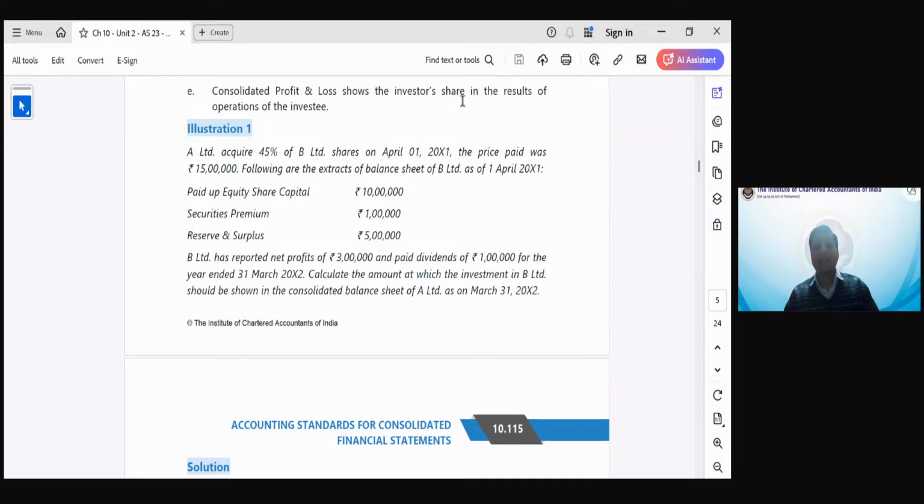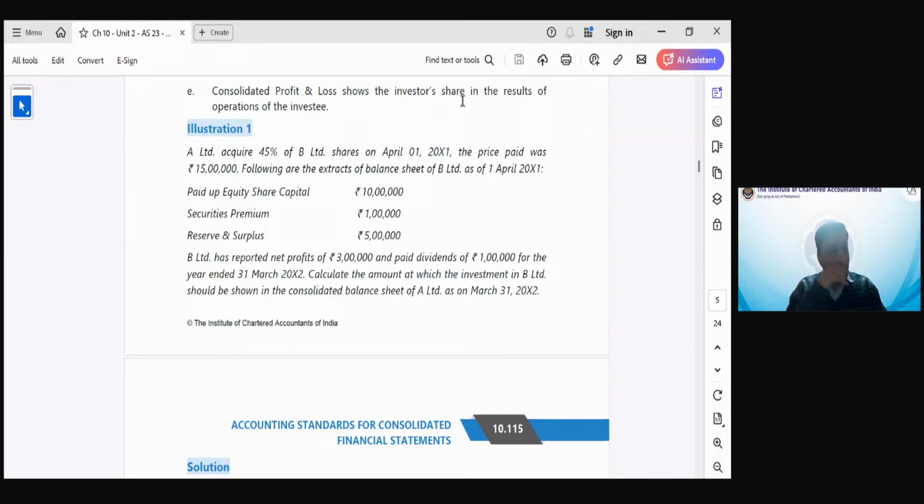Then after that, 1 year has gone by and the profit or the dividend information is available in respect of that. You are required to calculate the amount at which investment in B Limited should be shown in the consolidated financial statements of A Limited as at 31st March X2.